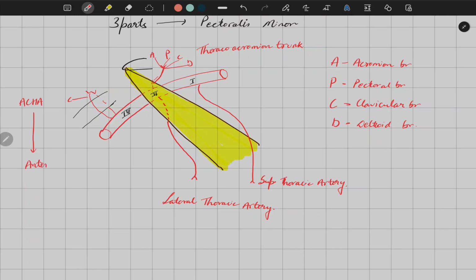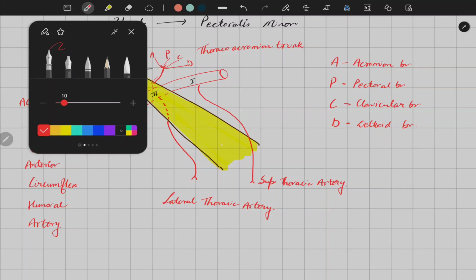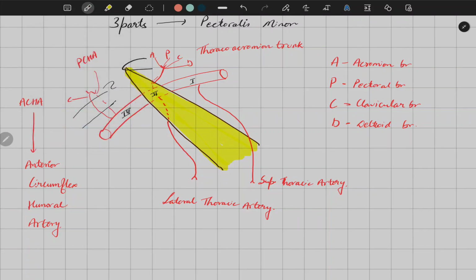Anterior circumflex humeral artery. Now on the posterior side is the PCHA, posterior circumflex humeral artery. Along with it goes the axillary nerve.